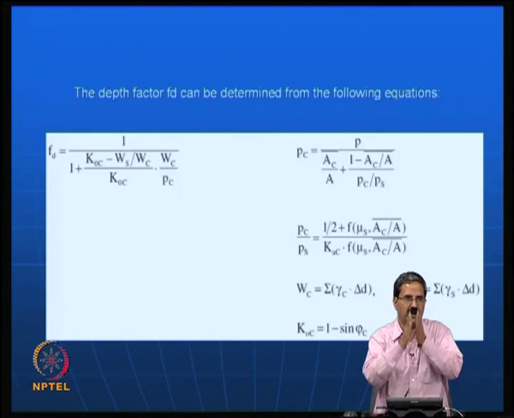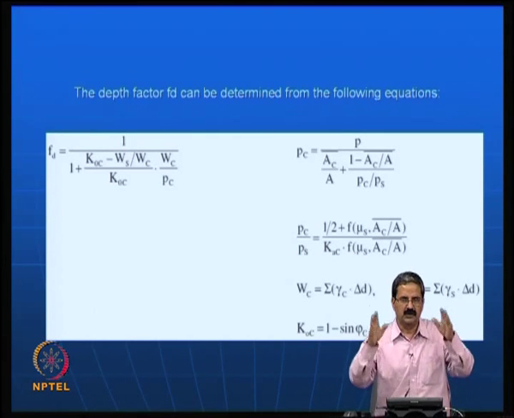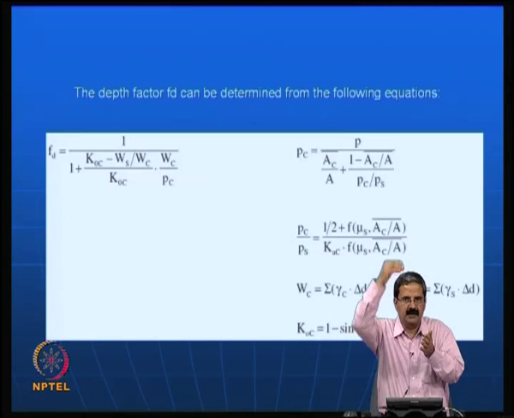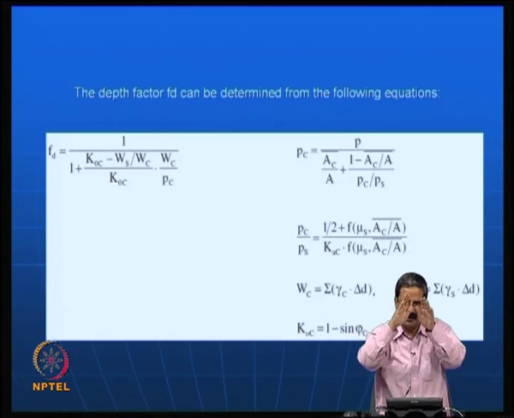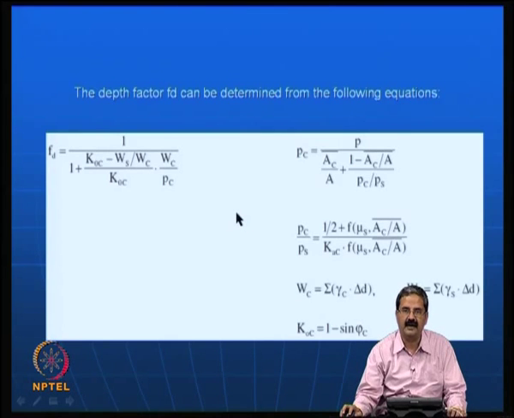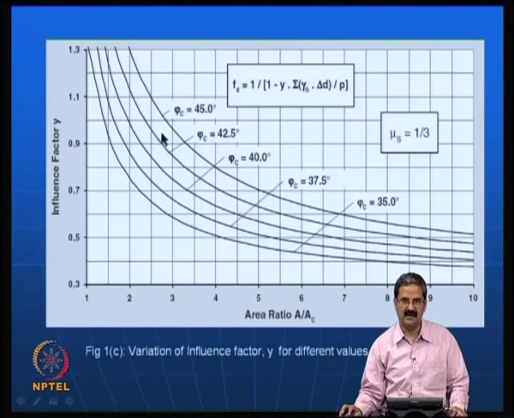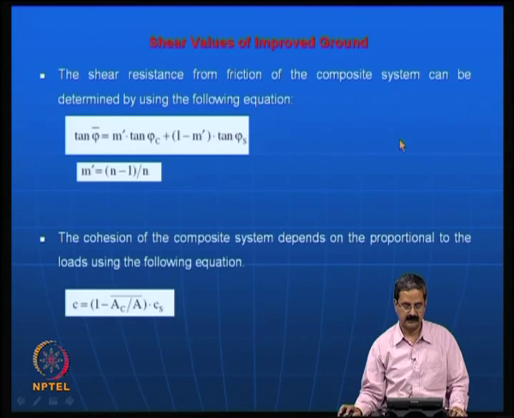Bulging will only occur at the top, because the overburden is less there, and more at the bottom. When overburden is less, there is a possibility of bulging, because it is directly under the load. So, for that there is a correction factor again, and these are the expressions for that, for the same mu s.